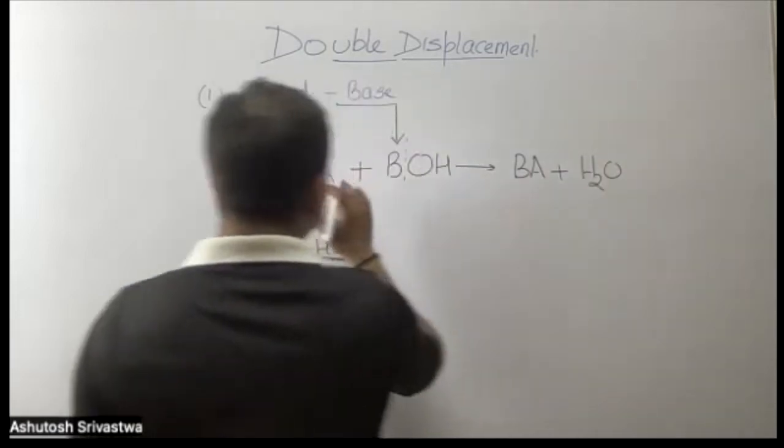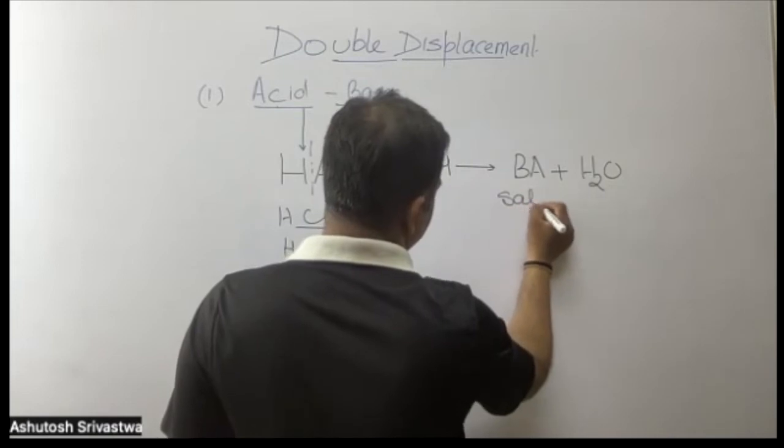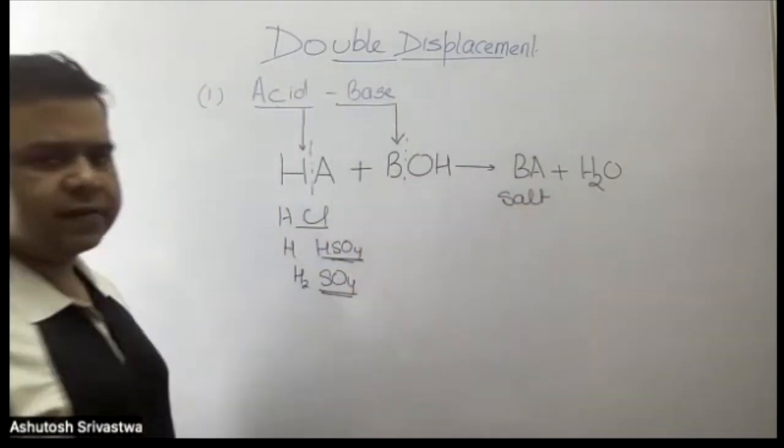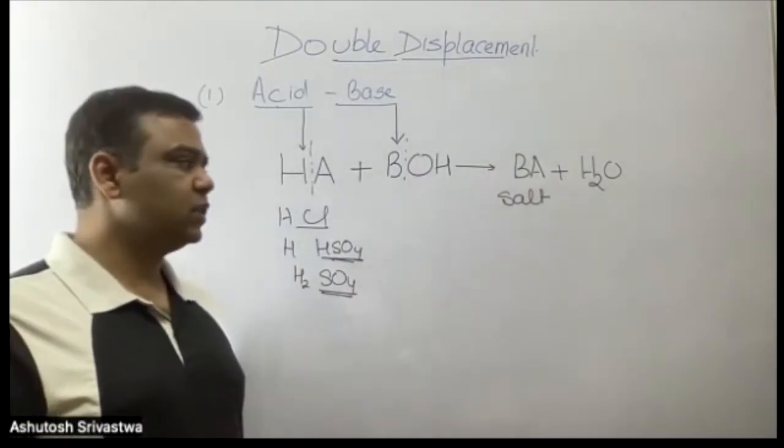Since both are electrolytic in nature, this is a salt that we are talking about, where B is the positive part of the base and A is the negative part of the acid. So this is the salt.